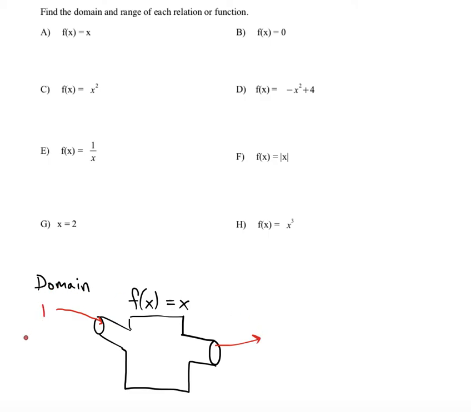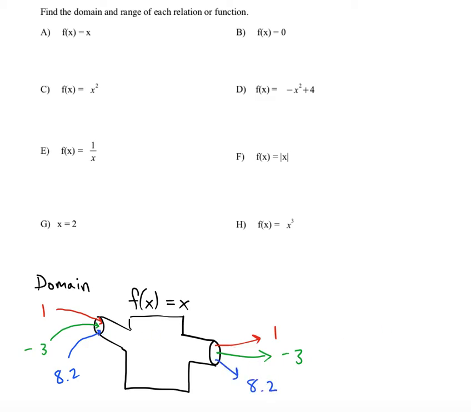So if you put in a 1 on the left, you get out a 1. If you put in a -3 on the left, you get out -3. If you put in an 8.2 on the left, you get out 8.2.